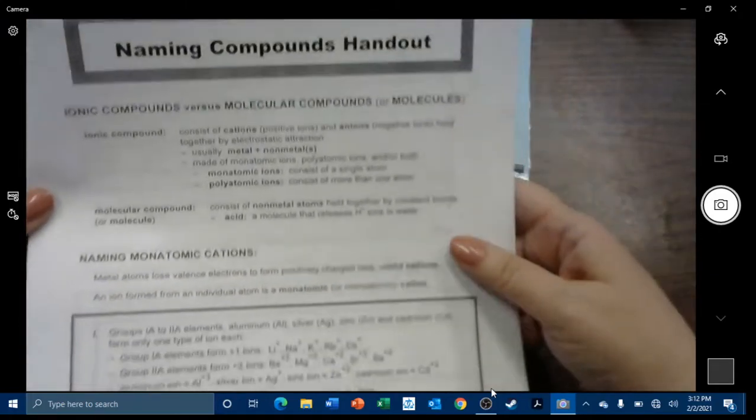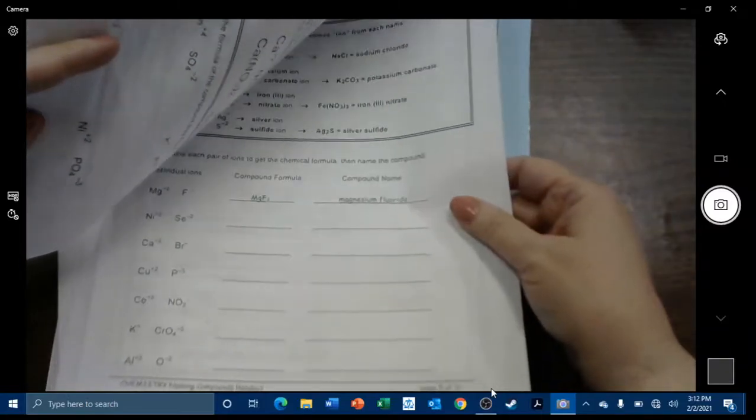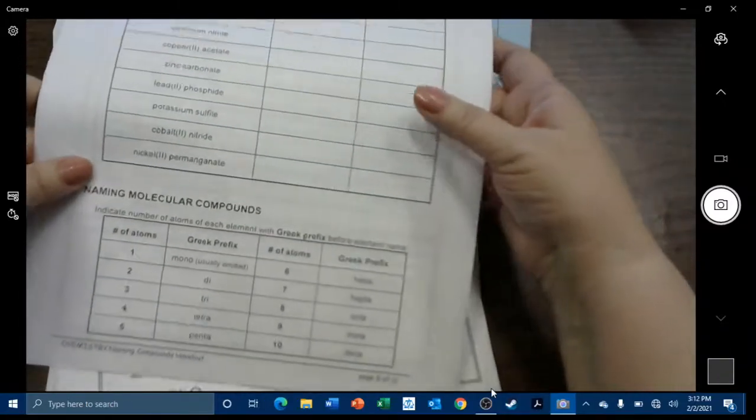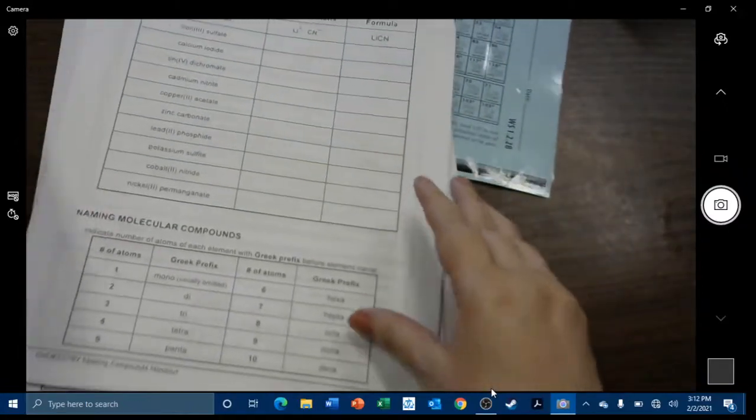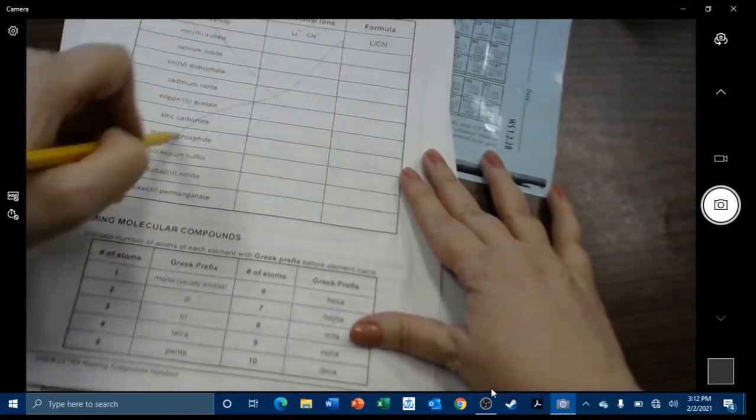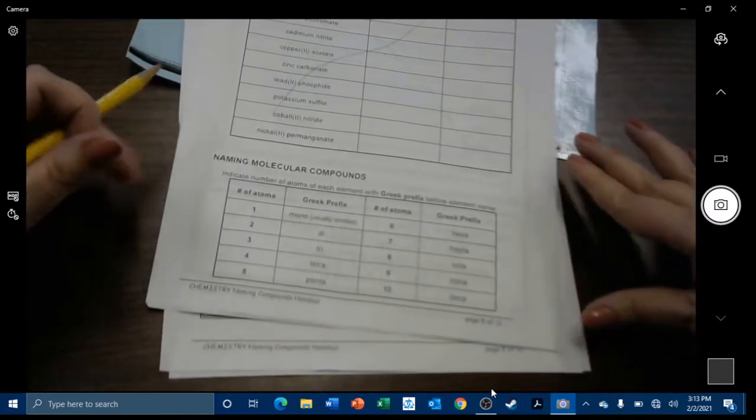You should dig that out somewhere, and we're going to go to page 8. At the bottom of page 8, we're looking at the prefixes we're going to use for naming covalent or molecular compounds.